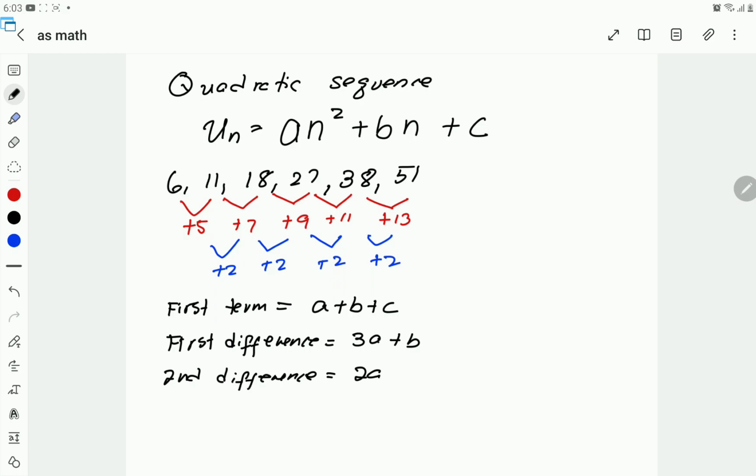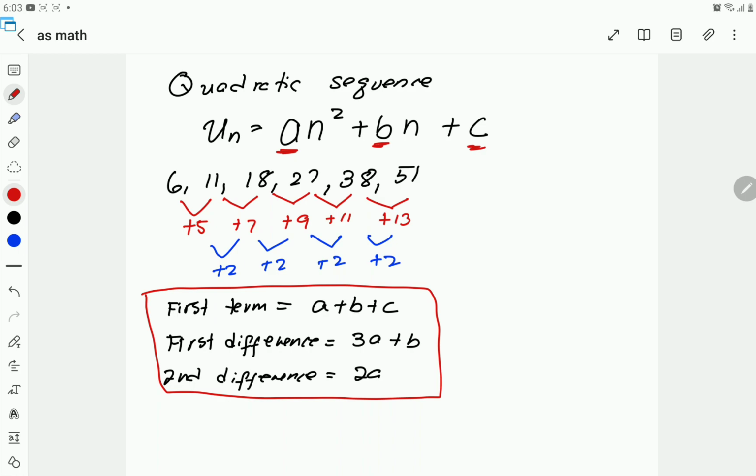So for you to be able to find the equation of the sequence, you just need to find the a, the b, and the c. By applying that relationship, you need to find what a is, what b is, and what c is.